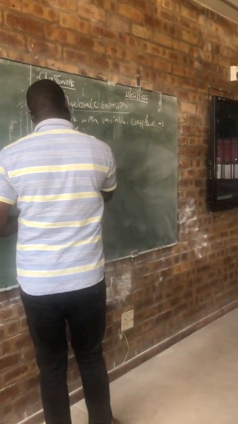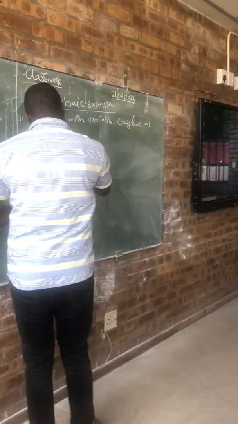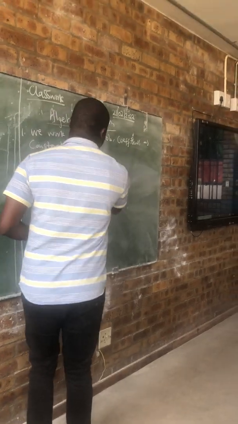So this is like this. For example, let's say we have 4x to the power 2 plus 3. Let's say that is the expression.